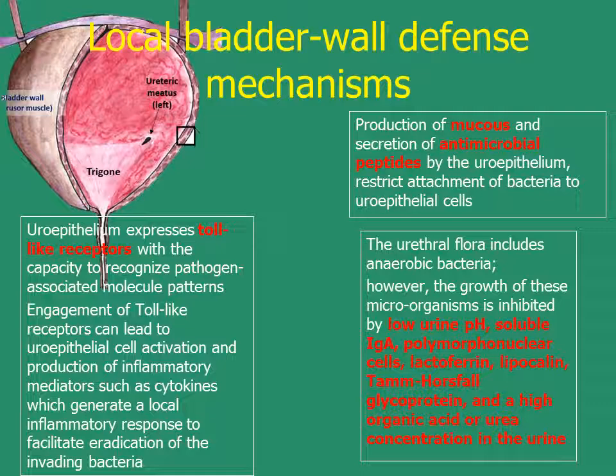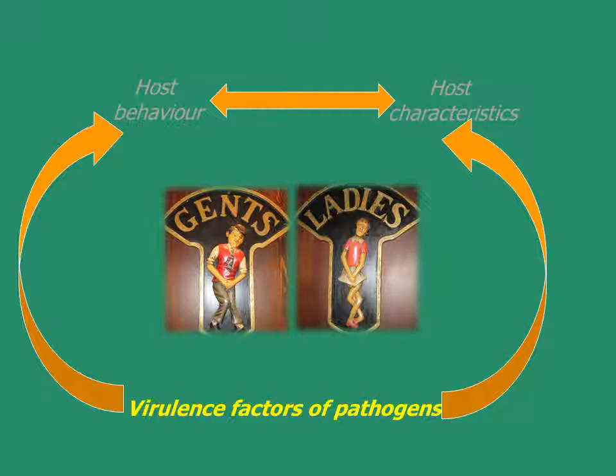The urethral flora includes anaerobic bacteria. However, the growth of these microorganisms is inhibited by low urine pH, soluble IgA, polymorphonuclear cells, lactoferrin, lipocalin, Tamm-Horsfall glycoprotein, and a high organic acid or urea concentration in the urine. Virulence factors of pathogens increase the likelihood that a specific bacterial strain will colonize and subsequently invade the urinary tract.